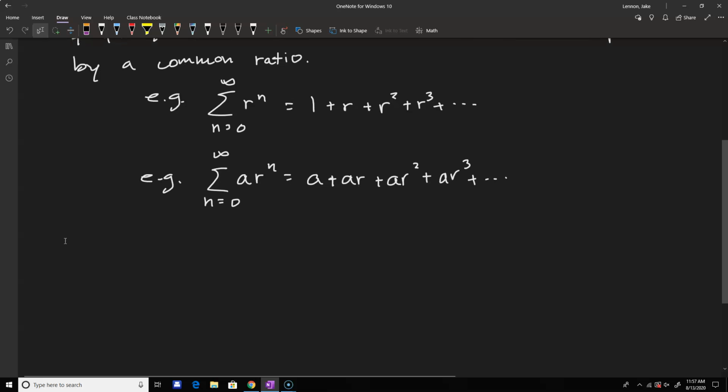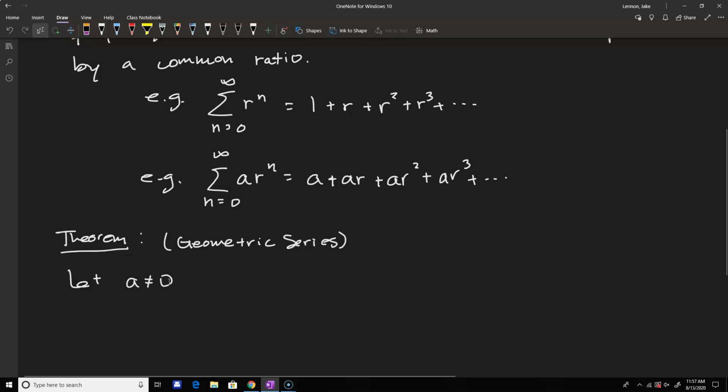So let's go ahead and write this down as a theorem. This will tell us whether or not a geometric series converges or diverges. What are the hypotheses? Let a be non-zero and r be a real number.